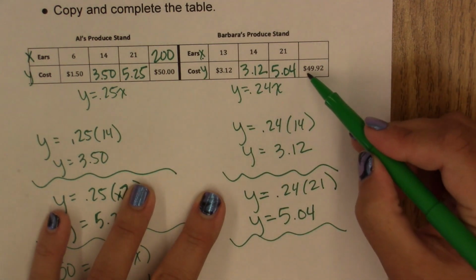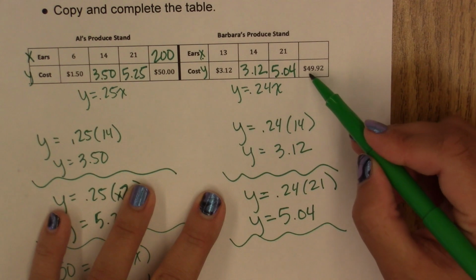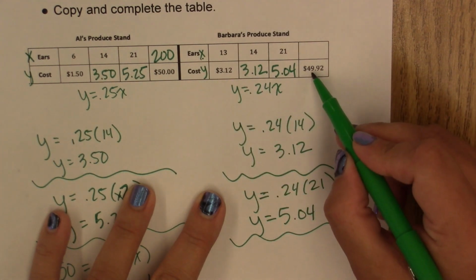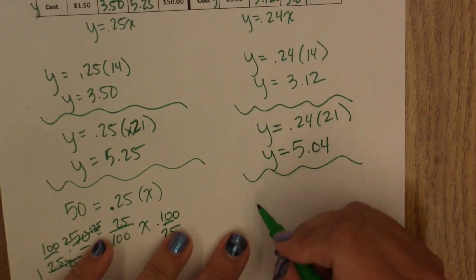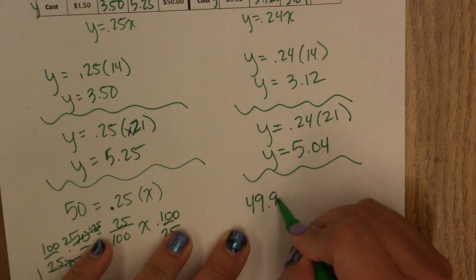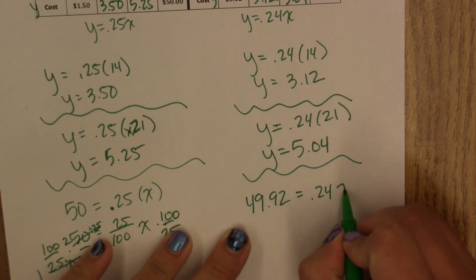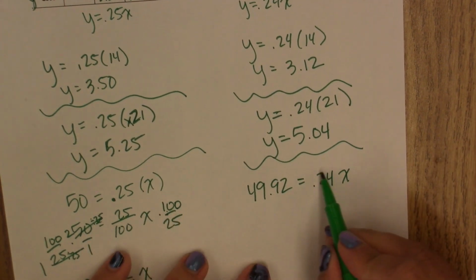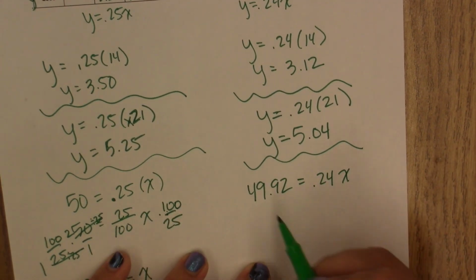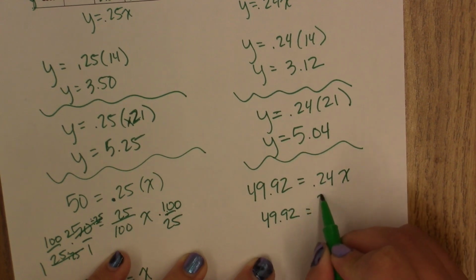Okay, for this last one, I have a total and y value of $49.92. $49.92 equals 0.24 times x. I'm going to change this into a fraction.